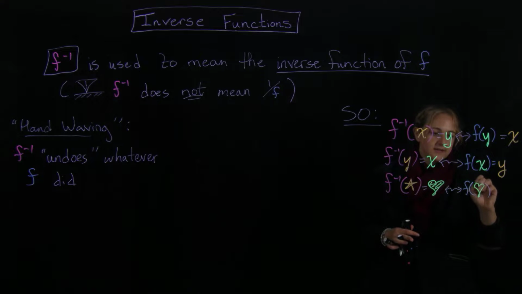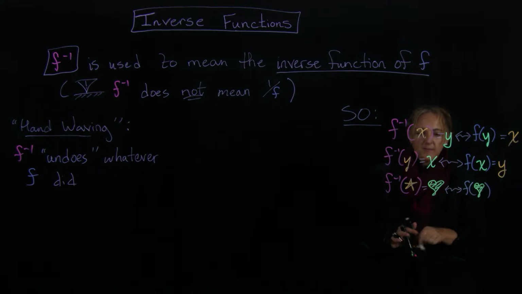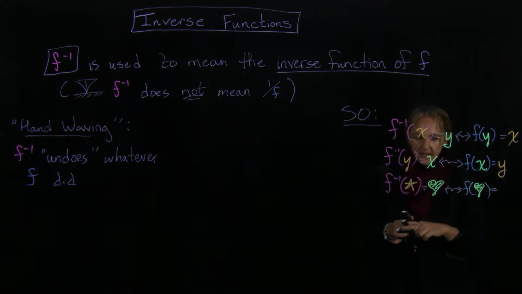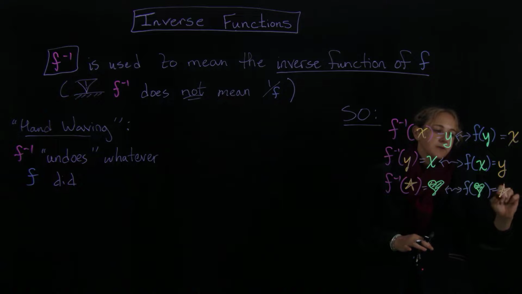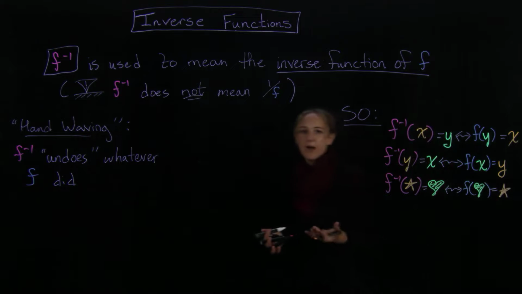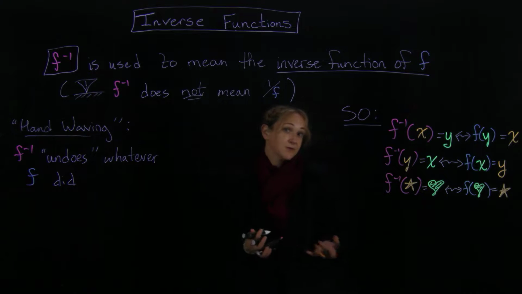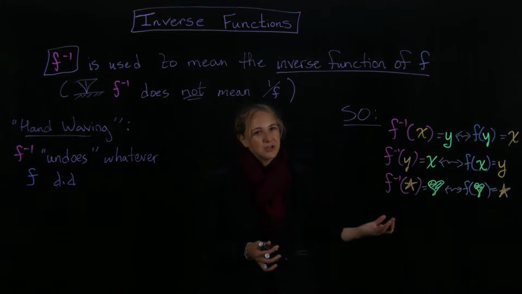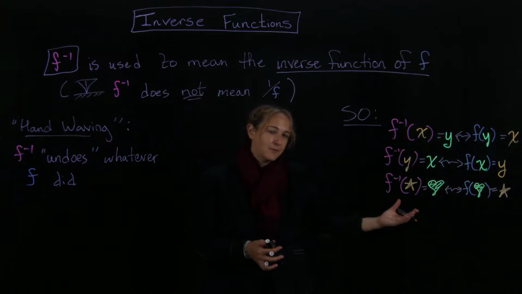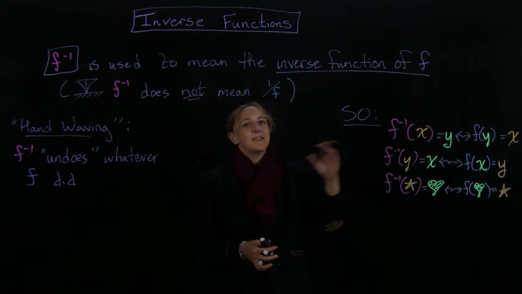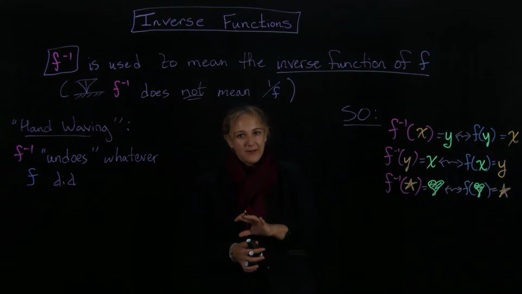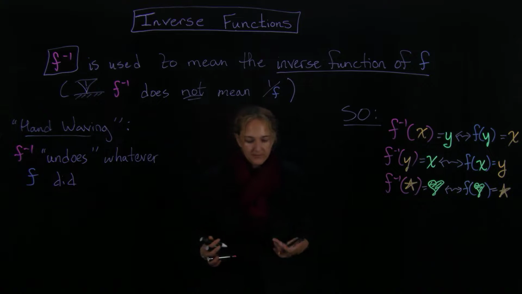It's just that the inputs and the outputs get swapped. In particular, to figure out what f inverse of 2 is, I look at the function f, I look at what input gives me 2, and then that becomes my output for f inverse. And we'll go through this kind of thing.